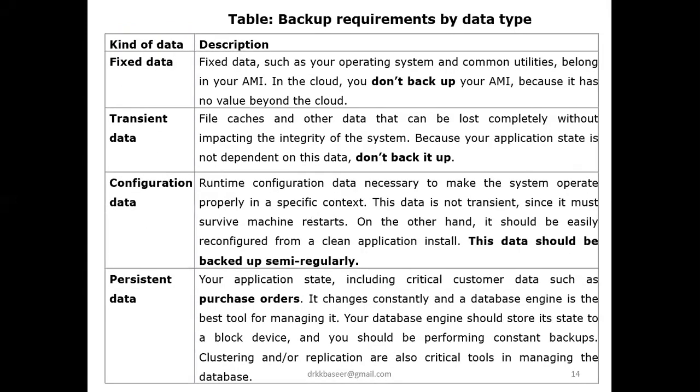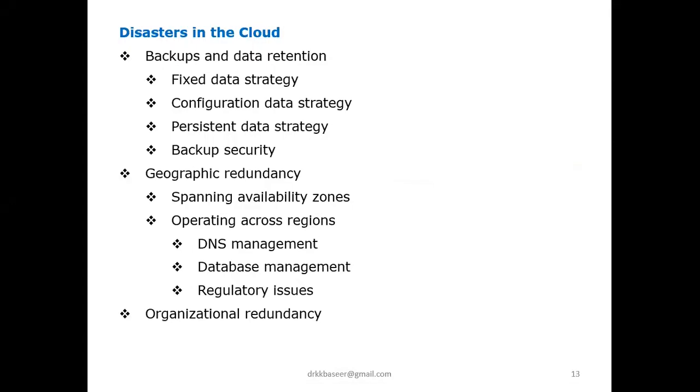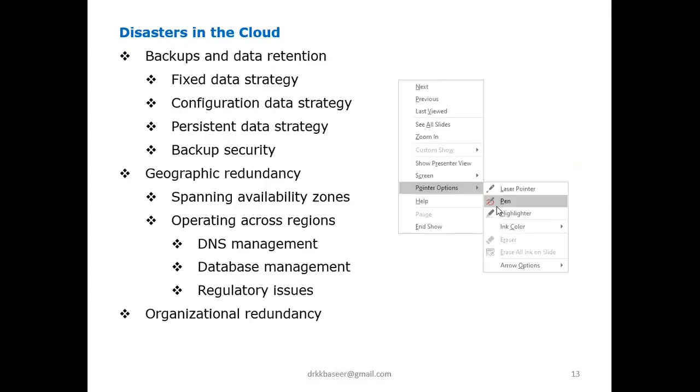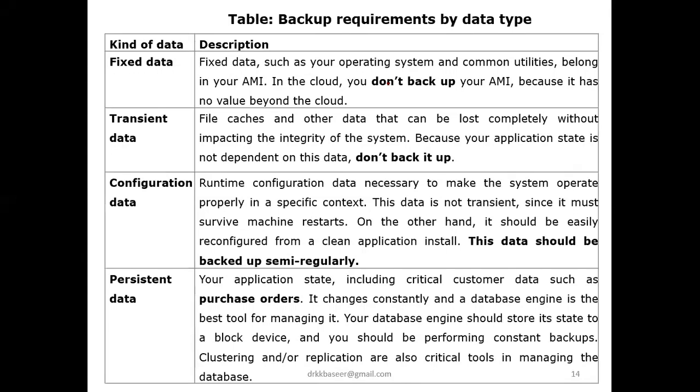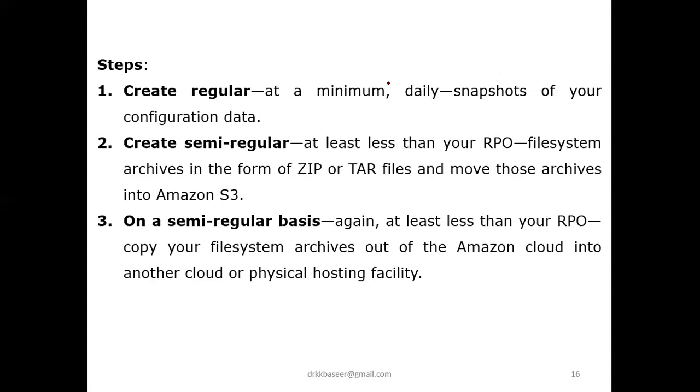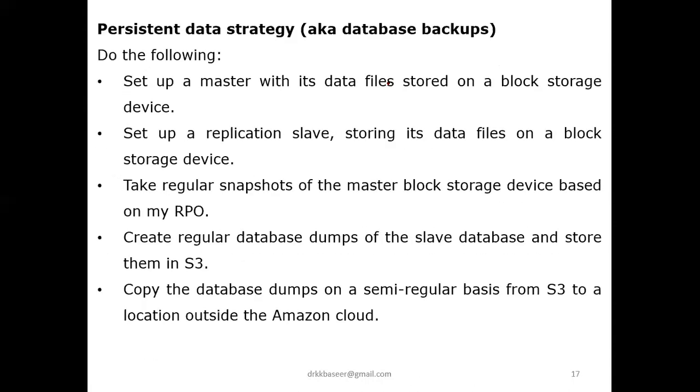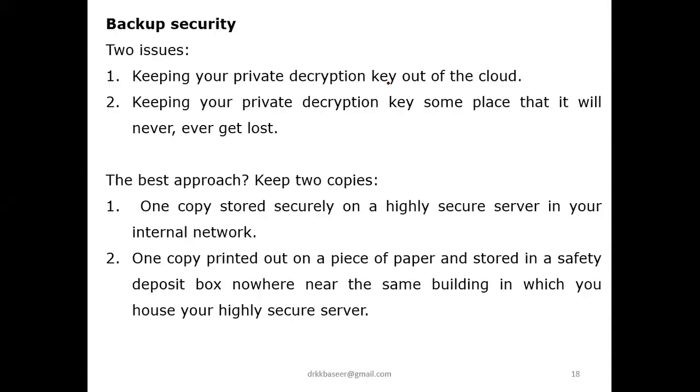Under that we have focused on backup and data retention. This topic is completed. Under this we have seen the different types of data, what type of data we have to focus on for the backup. We have seen the strategies as well, whenever the data is lost, how we are going to recover that data, right?